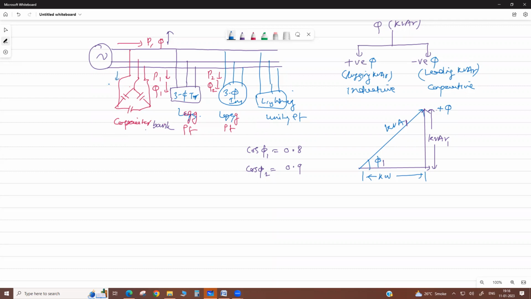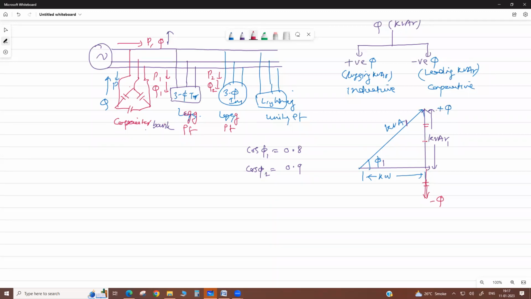They take a small active power for their operation, but they supply negative Q to the system, meaning they have a negative kVAR. This much negative Q will come due to this capacitor, and this part is reduced from here.